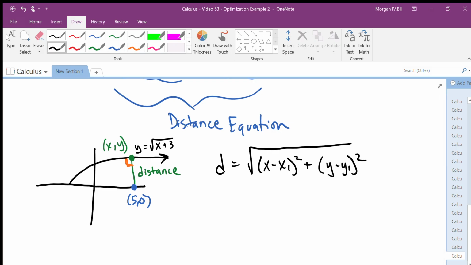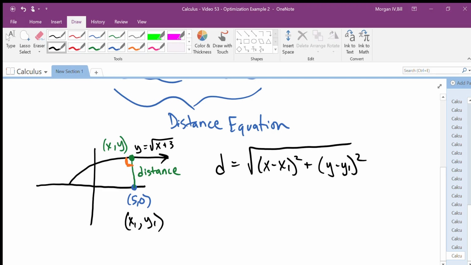There are two variables on the right hand side here. The variable x, we're not sure exactly where x is on this curve, so that is a variable. The variable y, we're not sure where the y value is on that curve, so that's a variable. The (x1, y1) would be the point (5, 0). So the (5, 0) is acting as our (x1, y1). So that is a constant.